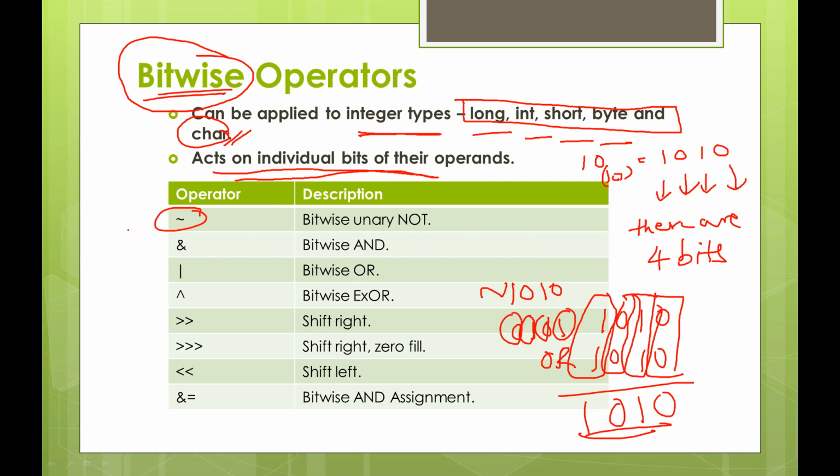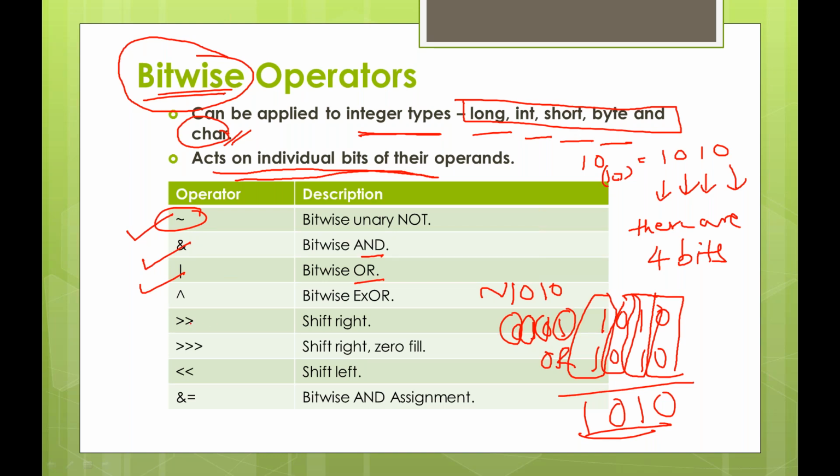So there are different bitwise operators. One is unary NOT, bitwise AND, and we know the operations of AND and OR, right? We have seen the truth table for AND, OR, XOR, all those things.